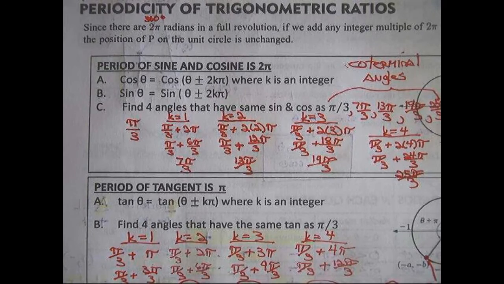So a tangent graph kind of looks like this. And it's undefined there. So there are these, we call them vertical asymptotes. It doesn't touch that line. And then it's going to repeat again.